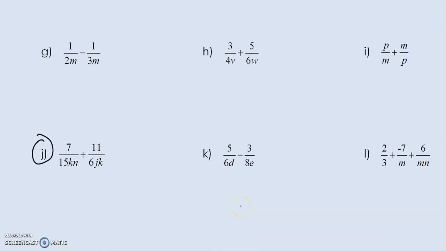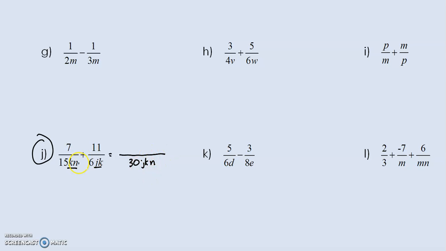One last question that I want to talk about is, like I said, the increase in ugliness. I've got to find something that the 15 and the 6 both go into. Well, yeah, 6 times 15 is 90, but you could just use 30 as a smaller number that works. JKN, well, I'm going to need a couple of Ks. Well, not really. If I just have a J and a K and an N, I don't need a K squared.